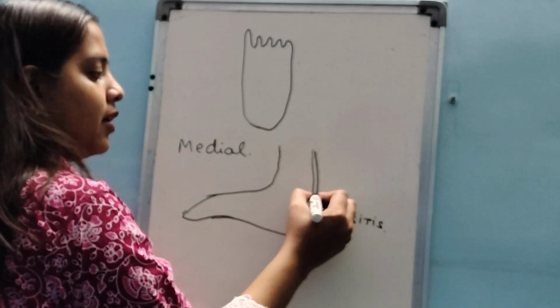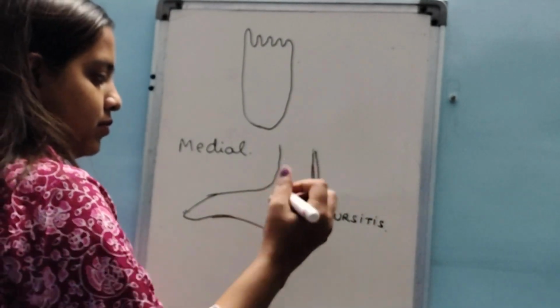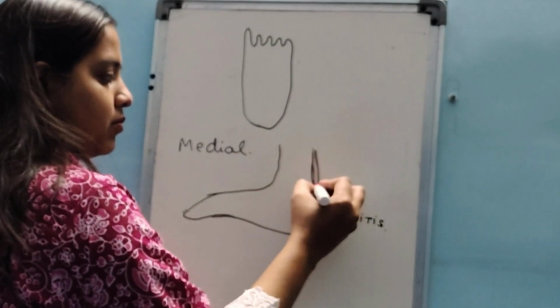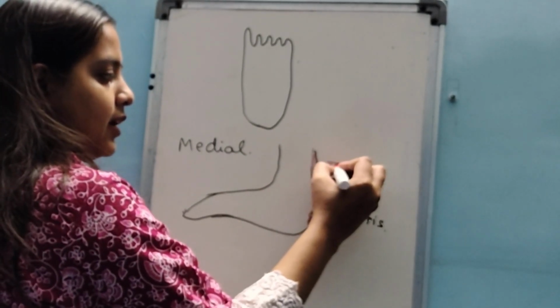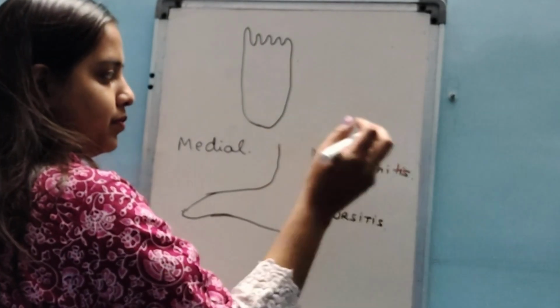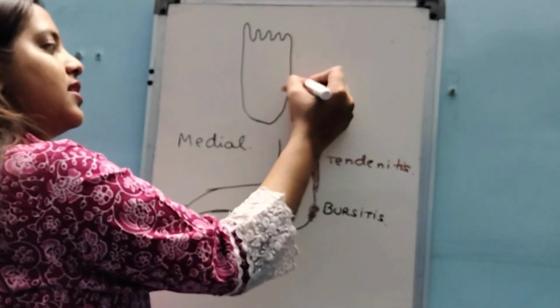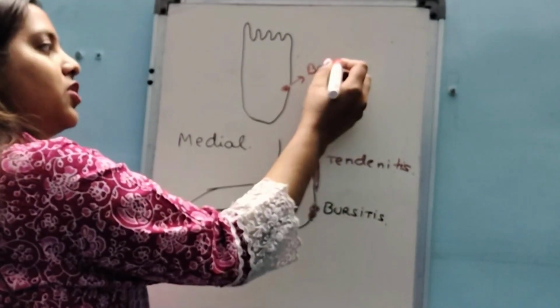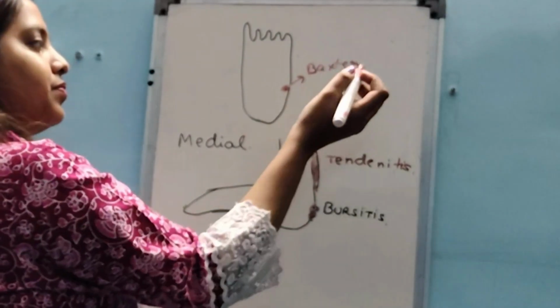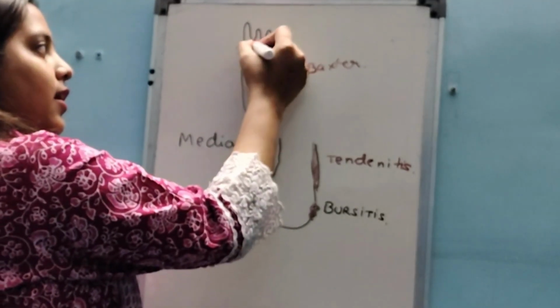If you have pain here, then it is tendonitis. If you have pain here, then it is Baxter nerve compression.